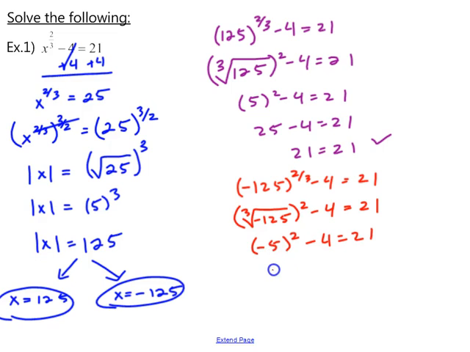Negative 5 squared is positive 25. And positive 25 minus 4 is positive 21. So both answers are solutions to this equation. So you would give your final answer as x equals positive 125 and x equals negative 125.